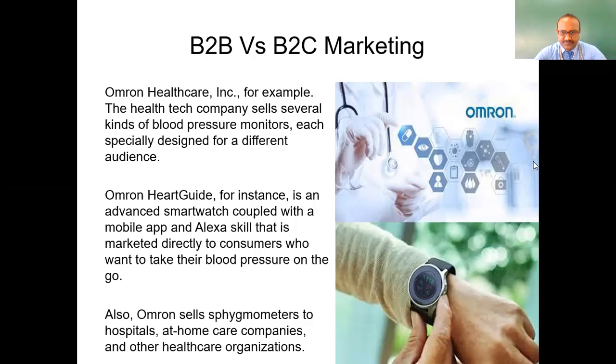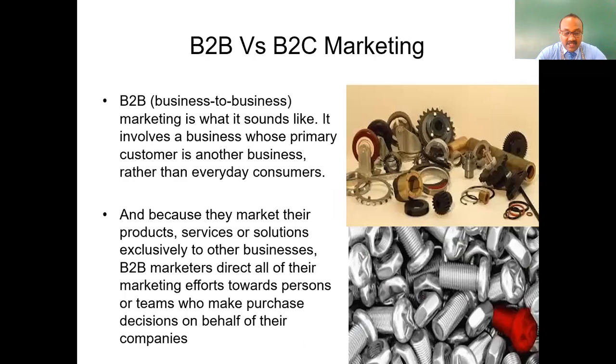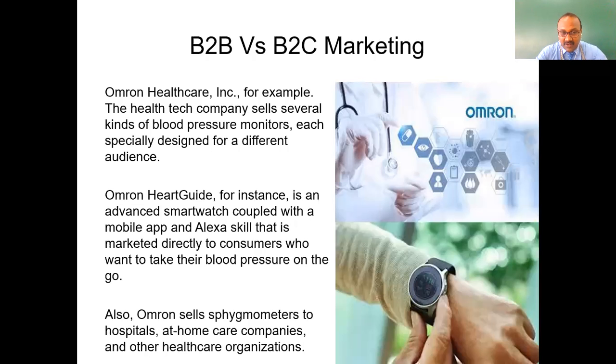Omron also sells spirometers to hospitals, home care agencies and other healthcare institutions. These are advanced devices sold to hospitals where monitoring of health can be done on a larger scale. So that's what Omron does. Omron has products like a smartwatch, which is a very simple application. It has very minimal features, and it's sold to B2C consumers.